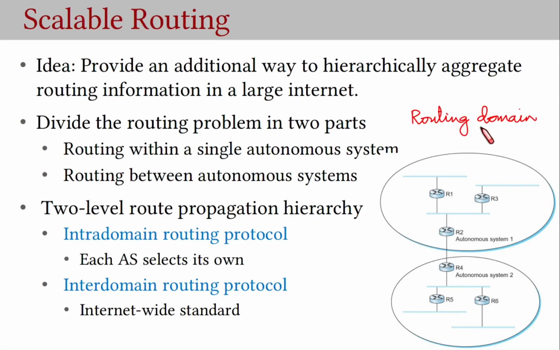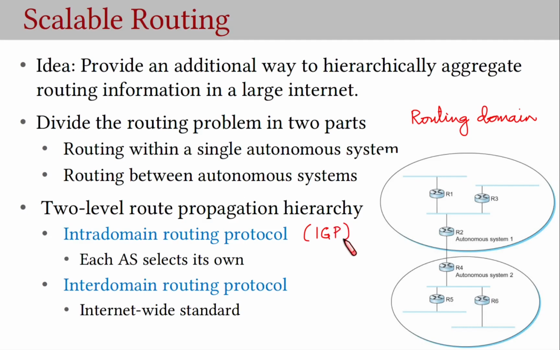Autonomous system defines routing domain. So the kind of routing protocol that we use inside an autonomous system is called intra-domain routing protocol, or these are also called interior gateway protocol, IGP for short.